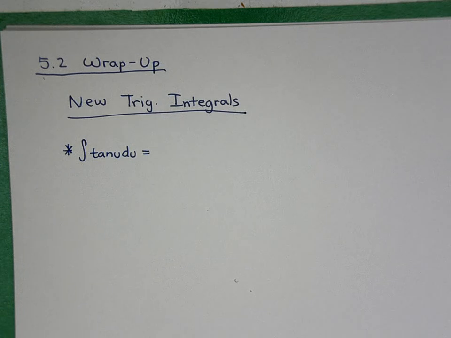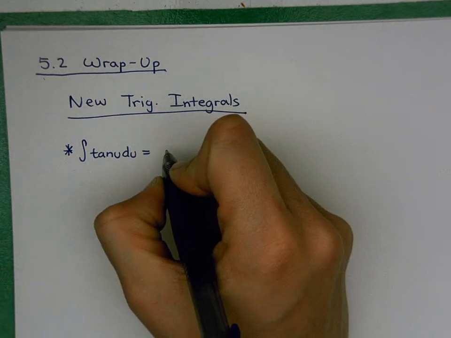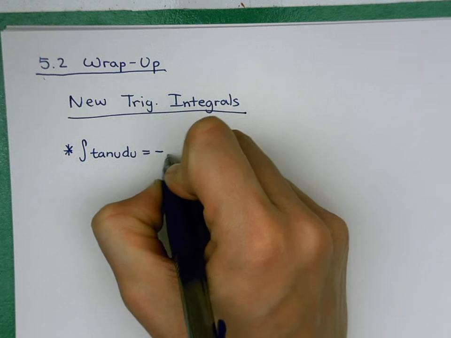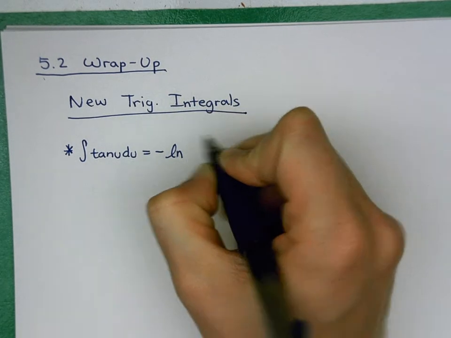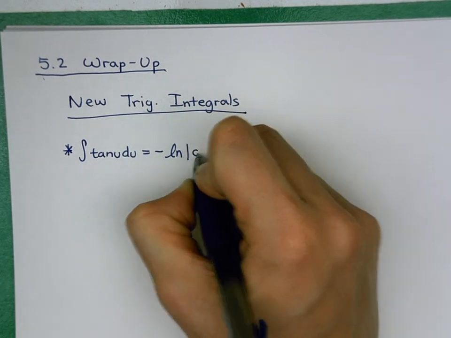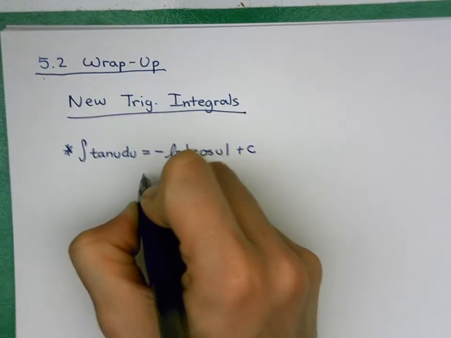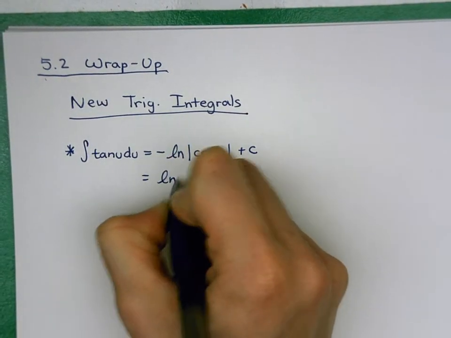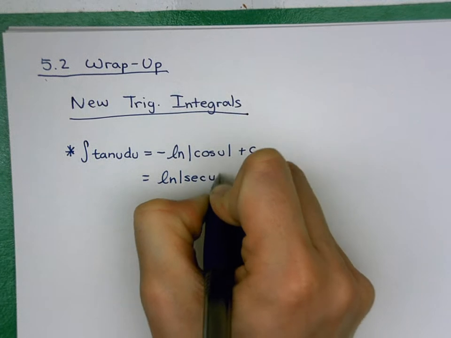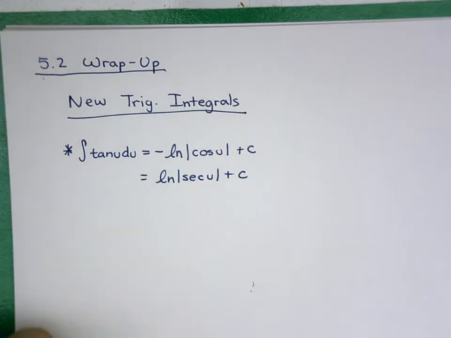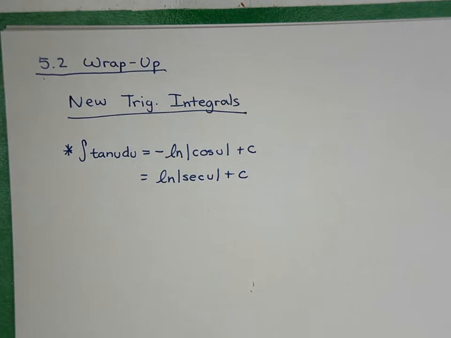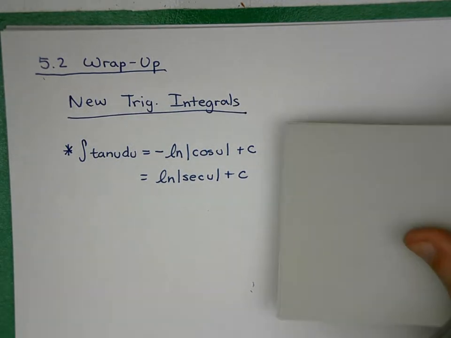The integral of tangent u is one of 2, and we'll talk about here why they're technically the same: negative natural log of cosine u, or the natural log of secant u, plus c, of course.